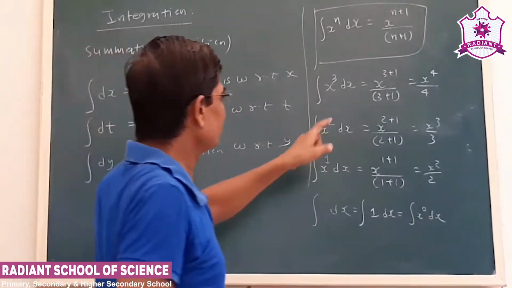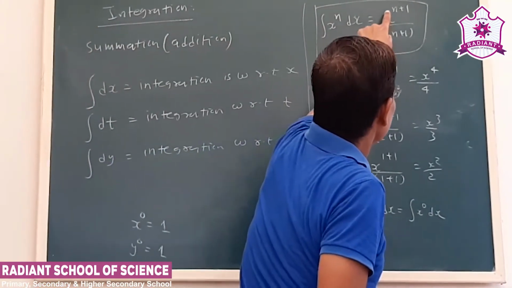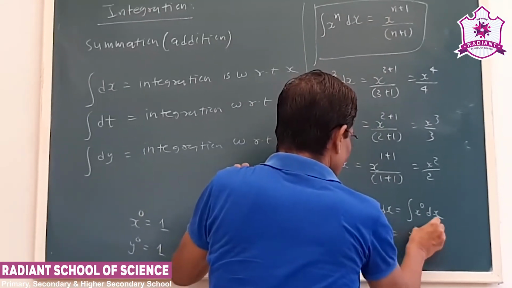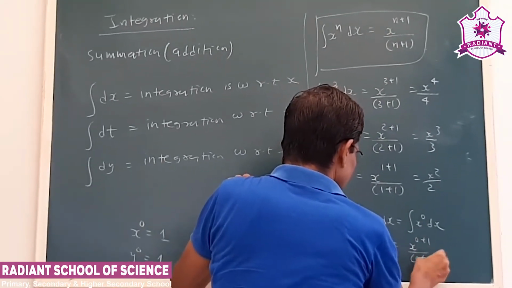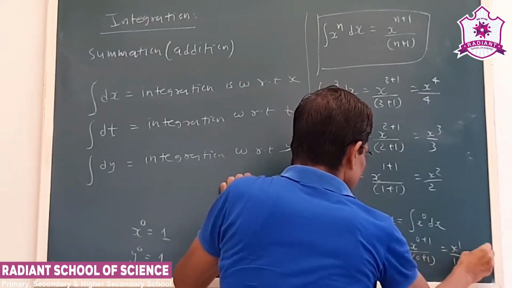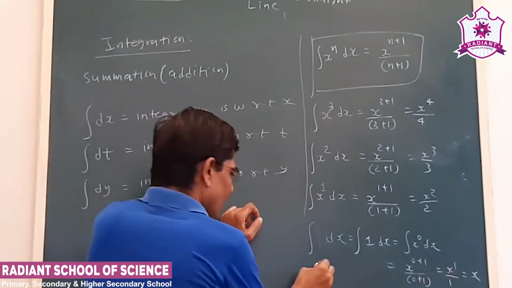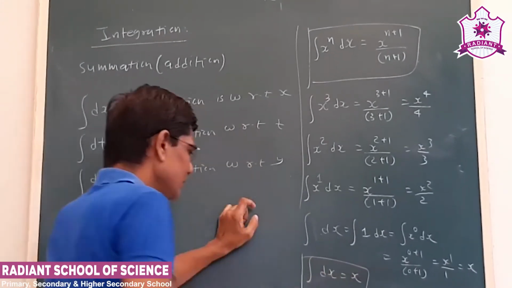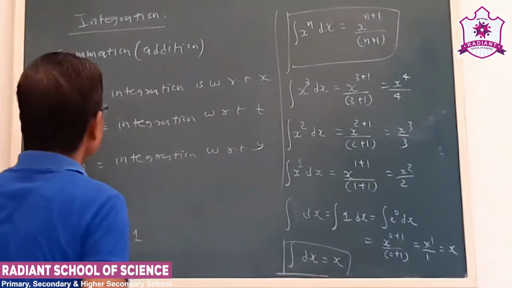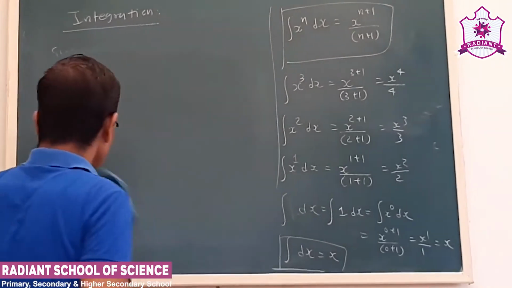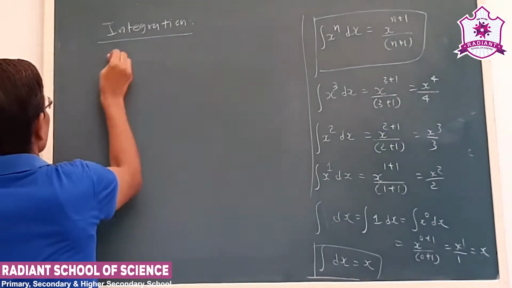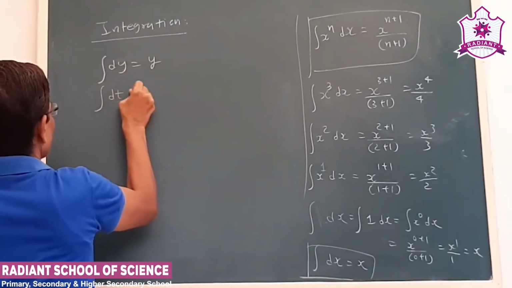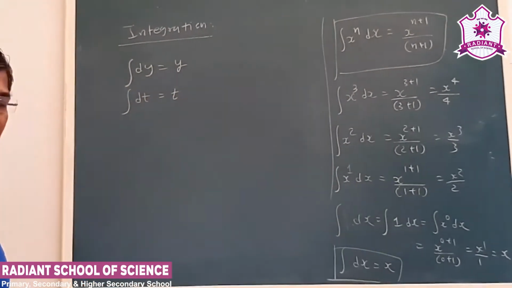So what is the value of n here? The value of n is 0 here, so that will make x raised to 0 plus 1 upon 0 plus 1. So the important thing we have to remember is that integration dx is x. This we have to keep in mind.